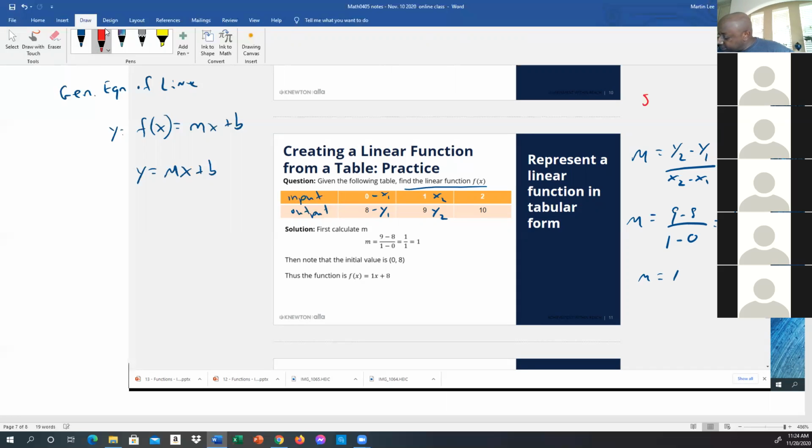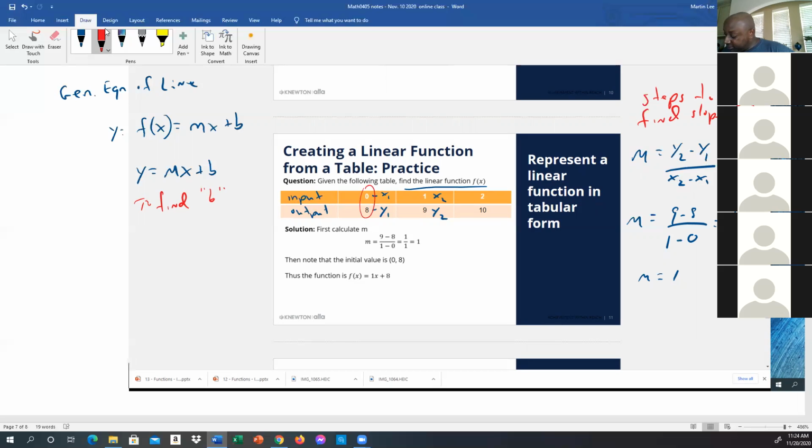So these were the steps to find the slope, m. And now we need to find the y-intercept, which is b. To find b, I can pick any ordered pair here.